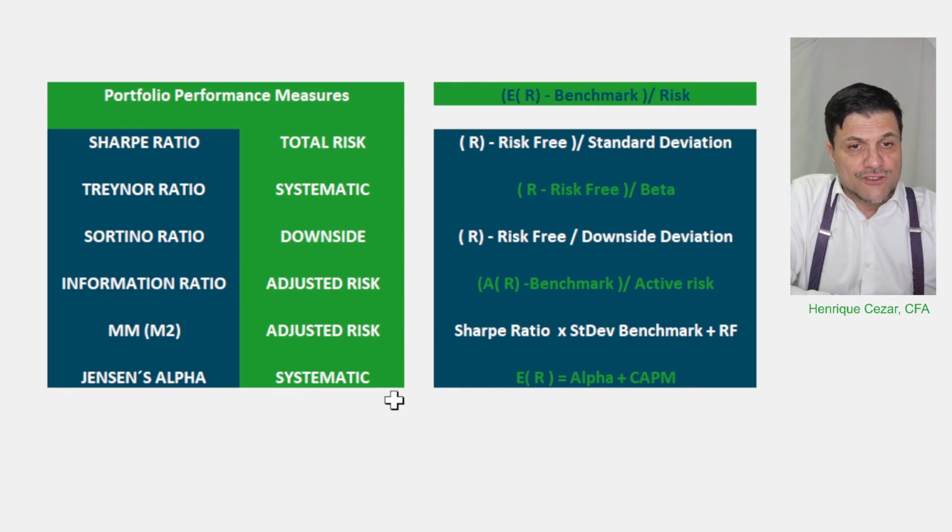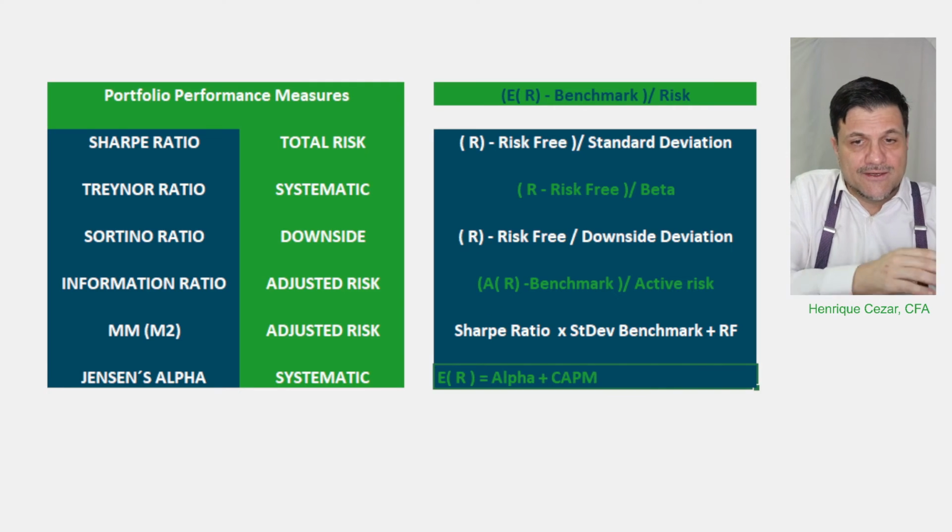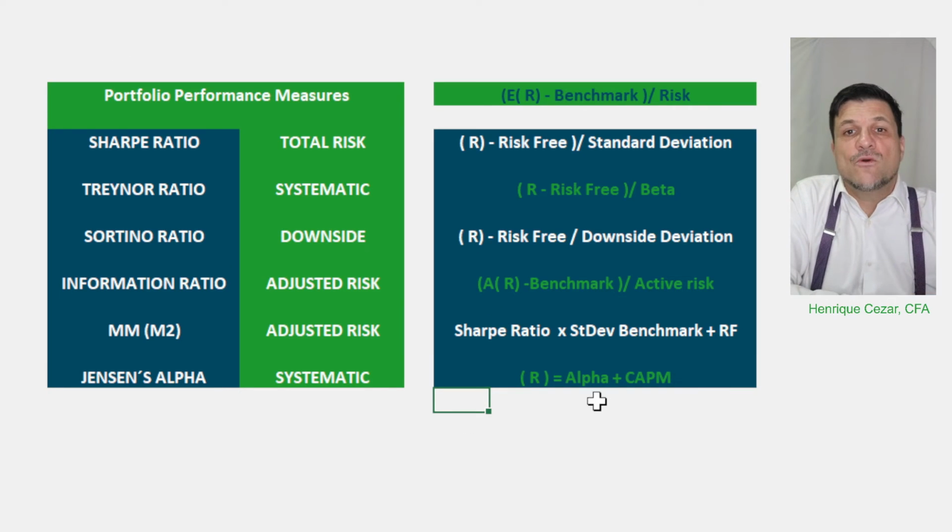All right, the last two. The M2 is the Sharpe ratio times the standard deviation of the benchmark plus the risk-free rate. And the Jensen's alpha, right? The return is going to be equal to alpha plus CAPM, or expected return, okay?